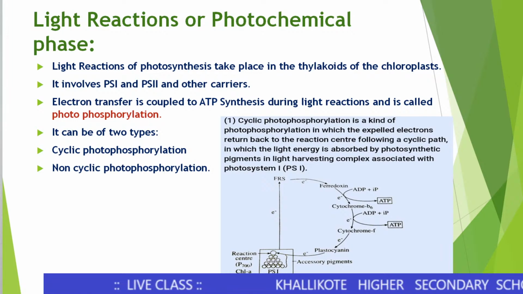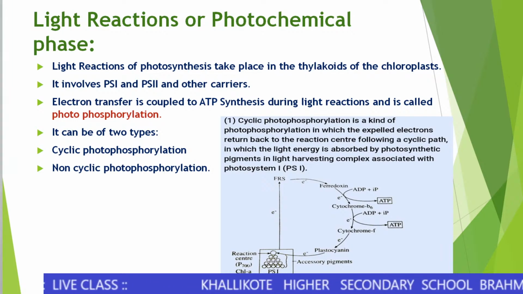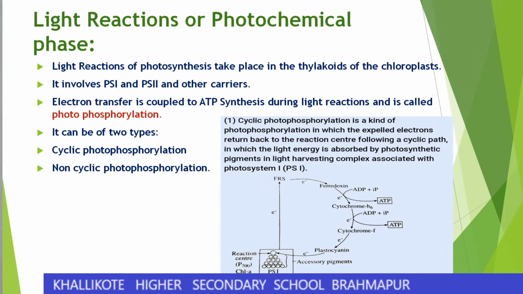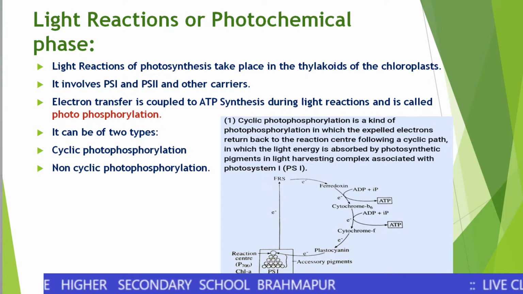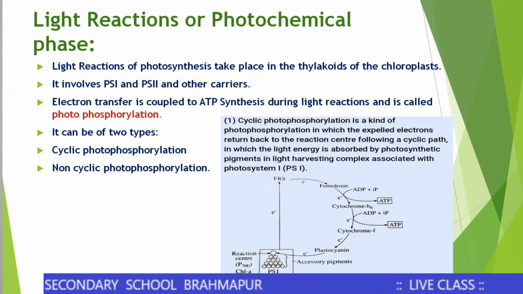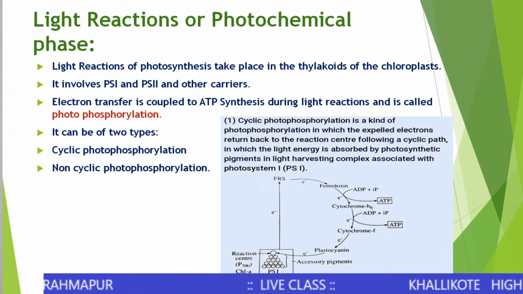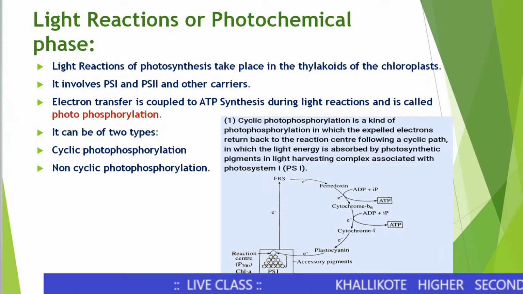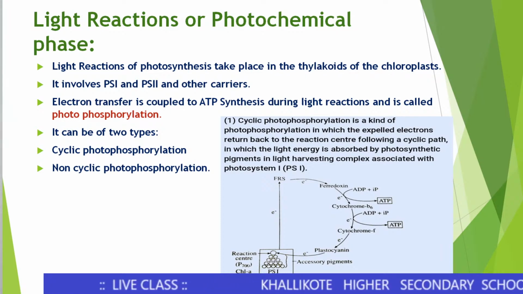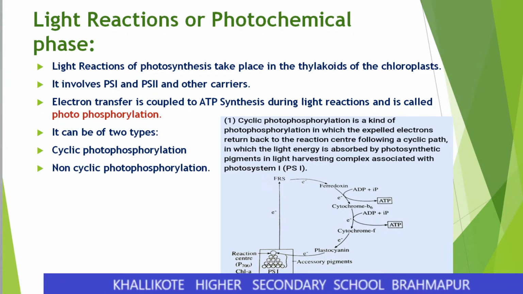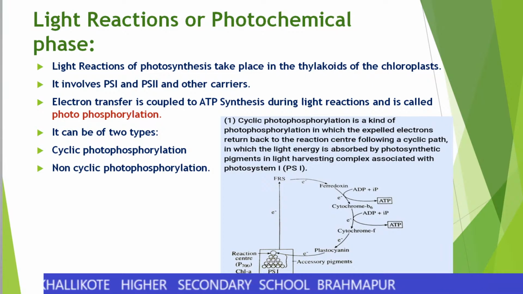So the major activity that occurs during this photochemical phase is the conversion of photo energy, or light energy, or solar energy into chemical energy of ATP by the process of ATP synthesis. So when ATP is synthesized in presence of light, it is the photophosphorylation phase.